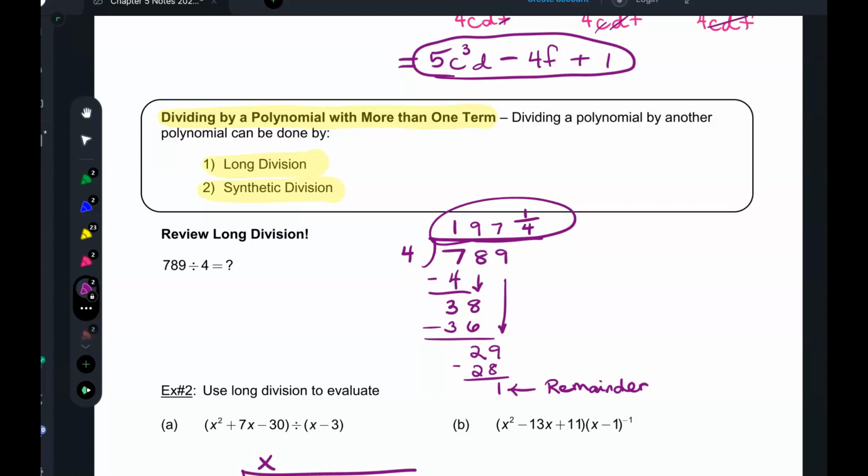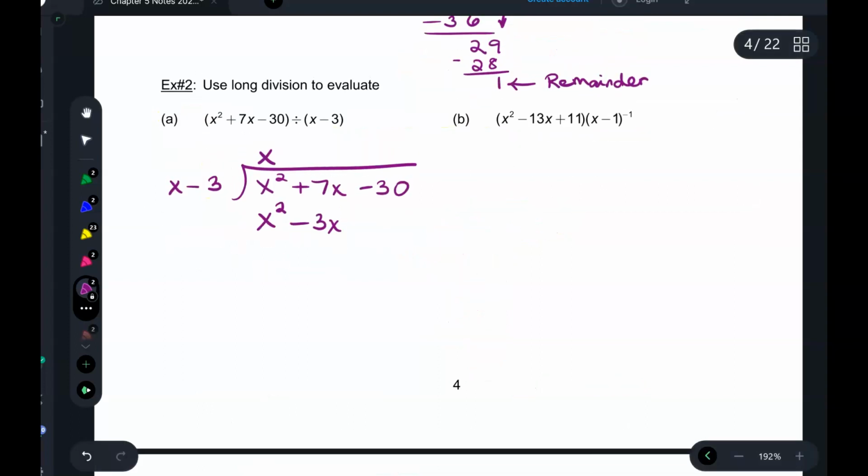It's the same thing here: I only looked at x going into x squared. We don't need the minus 3 part, because to get that first term to be identical, I don't care about the minus 3. I'm only concerned about these two.